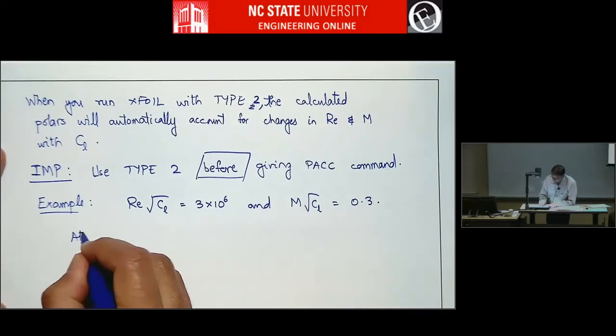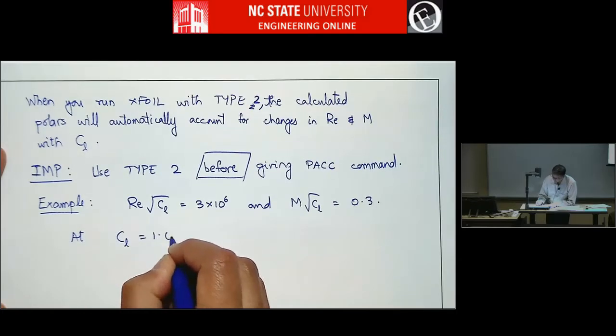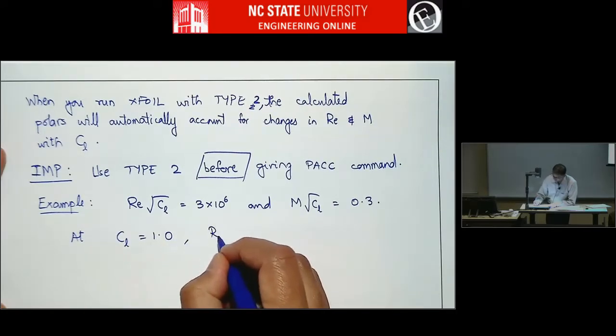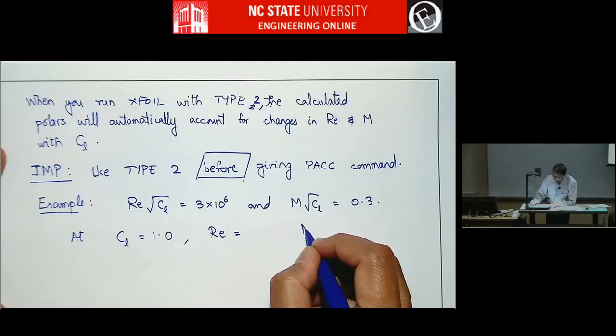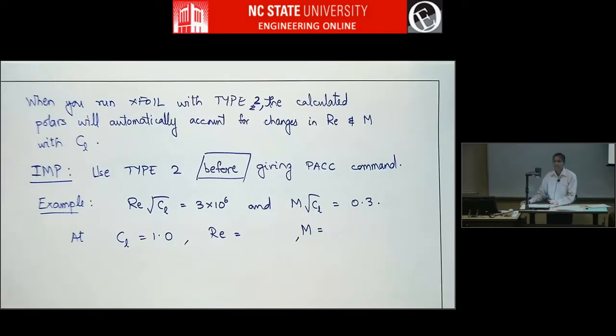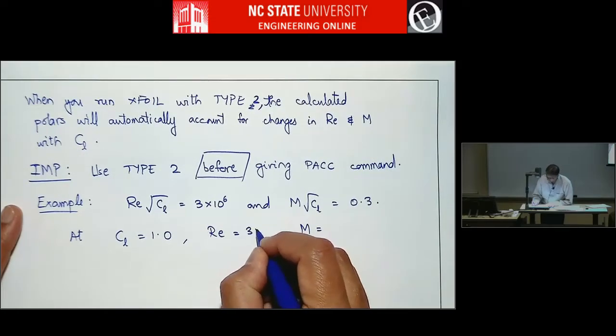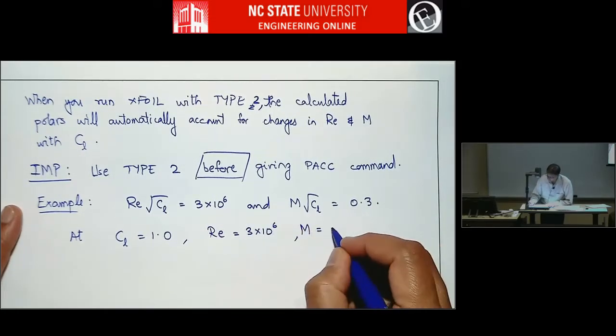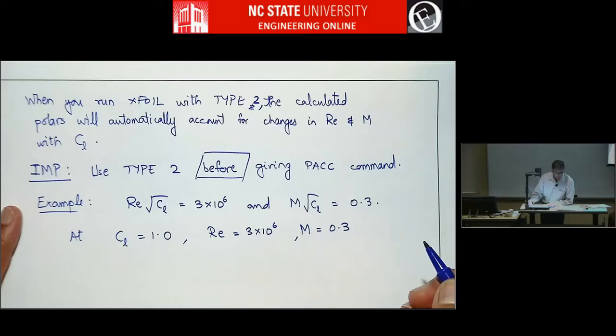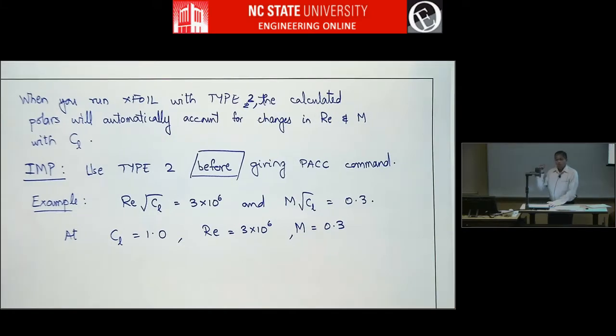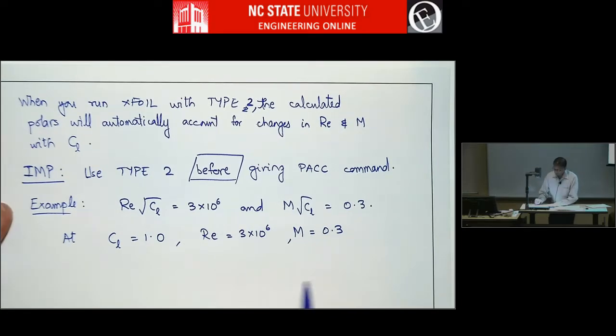That means at a CL of 1, Reynolds number is what and Mach number is what? Come on, it's easy. Yeah, it's a set value, right? At a CL of 1, actual Reynolds number is 3 million and Mach number is 0.3. But only at CL of 1 will this Reynolds number be 3 million and Mach number 0.3.